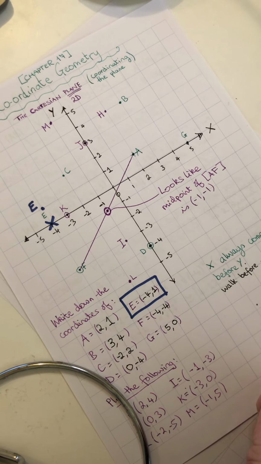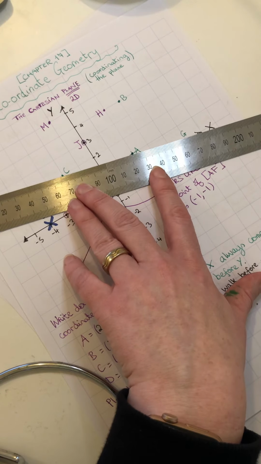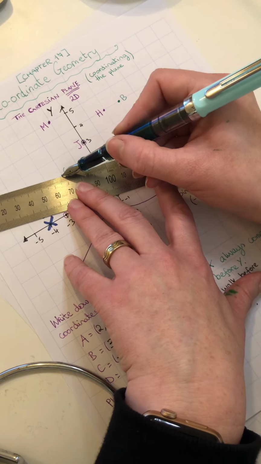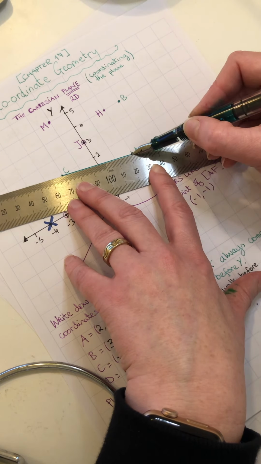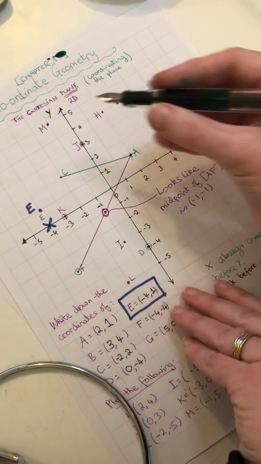Okay, are we sure? It's something to think about. Are we sure? Even if we are, it's not really that convenient to go around drawing lines and then working out what the midpoint is.